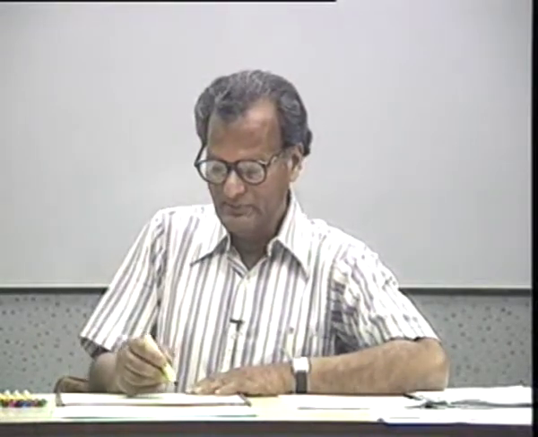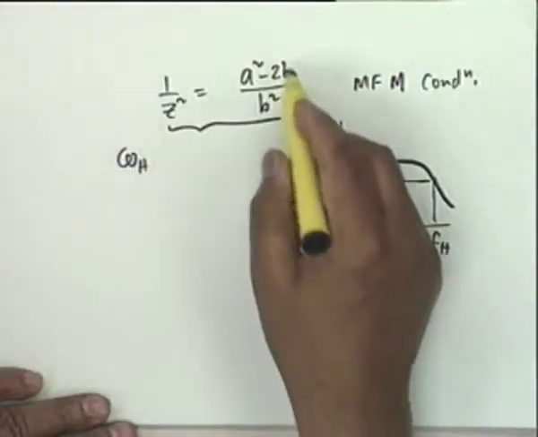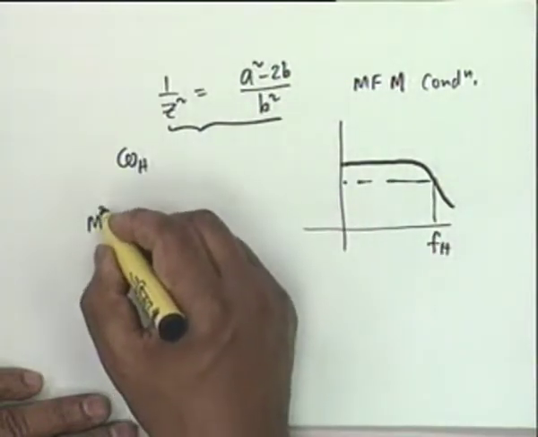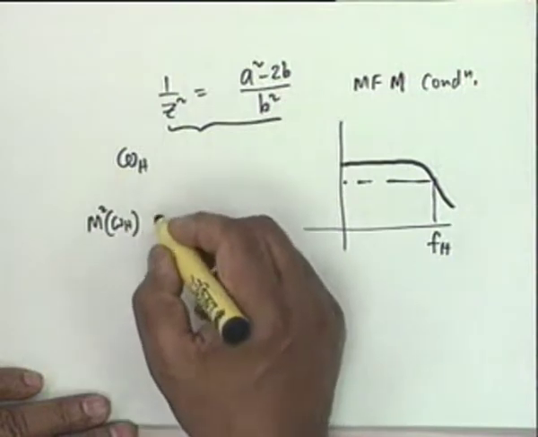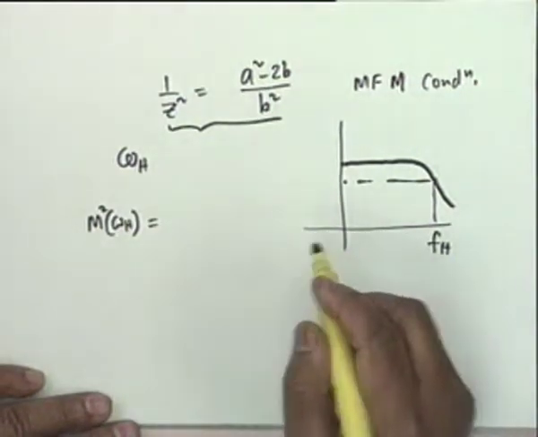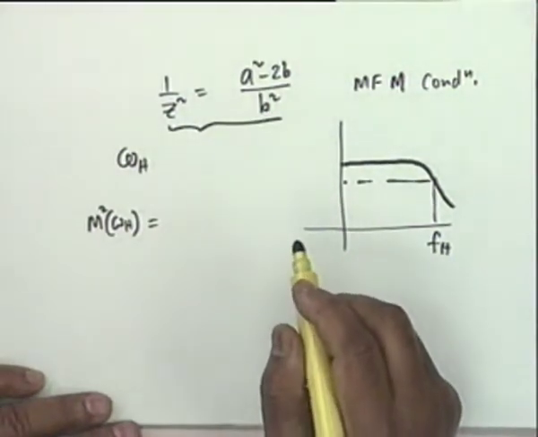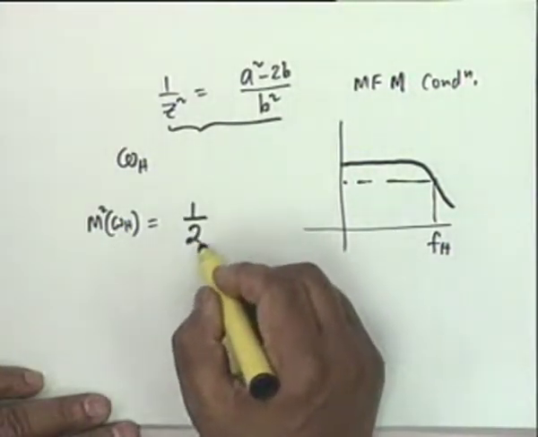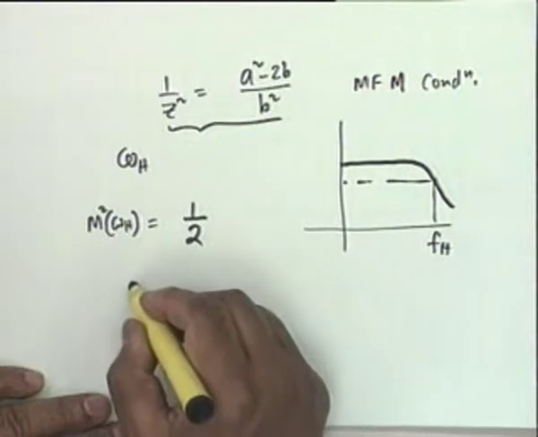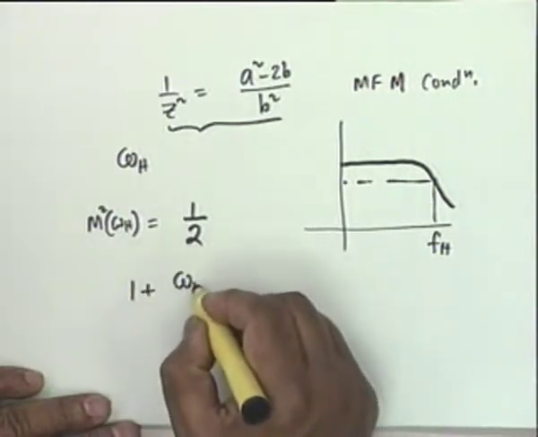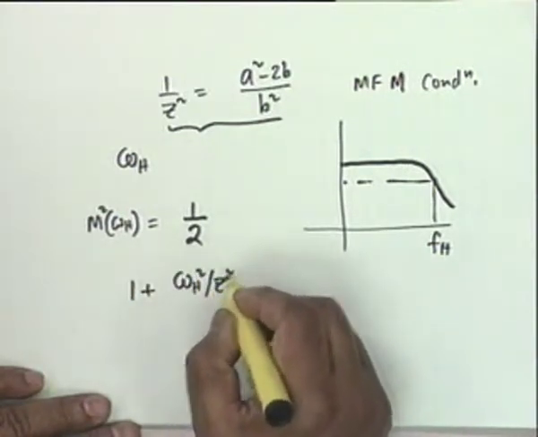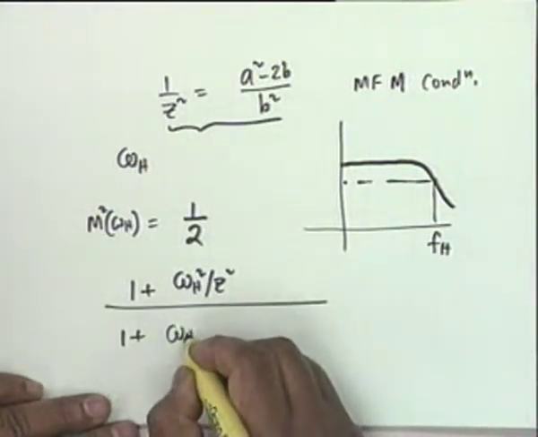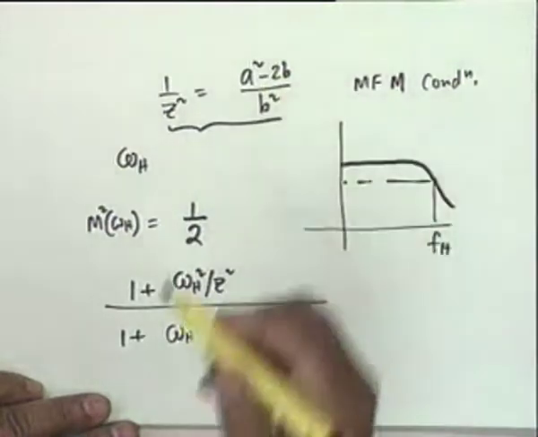So the maximum possible omega h is obtained under this condition, and this can be obtained by putting m squared omega h equal to, the value of omega h can be obtained, not root 2, there is a square here, so it should be equal to half. But you see, which means that omega h squared by z squared divided by 1 plus, should I write a square minus 2b by b squared?